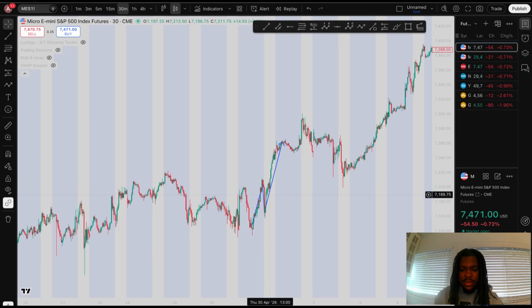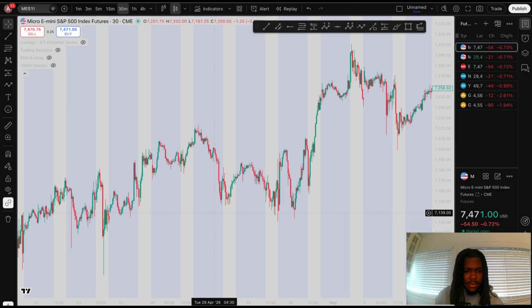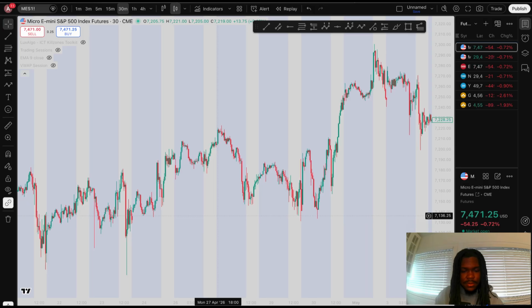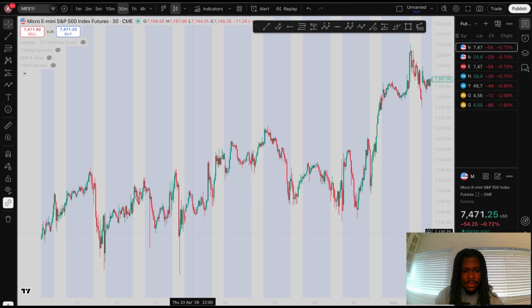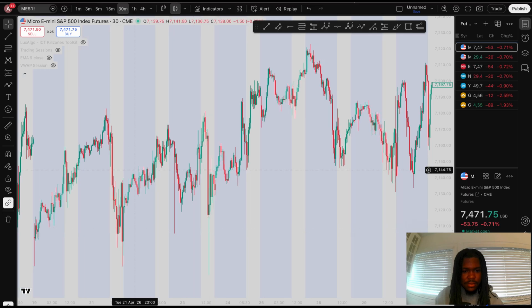Let's see if we can see what consolidation looks like, which is probably one of the most annoying things in the market. This is trending higher.